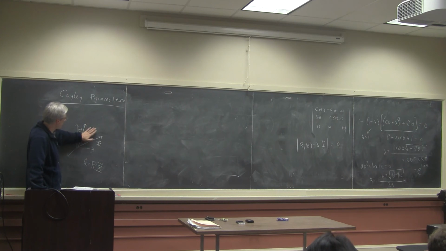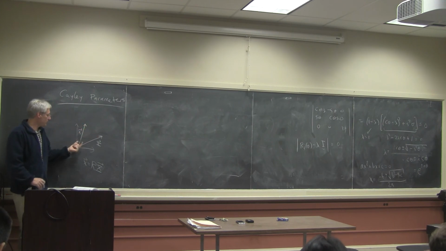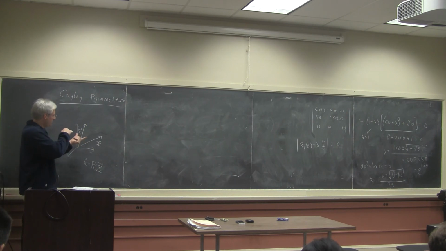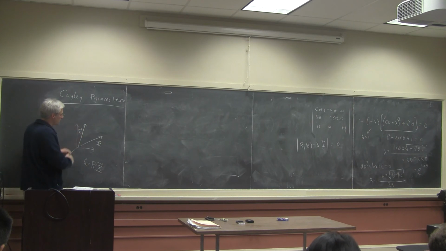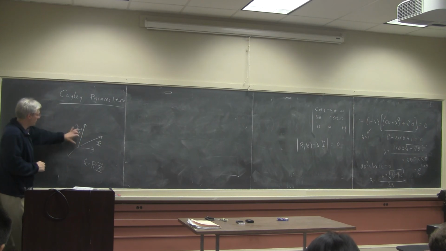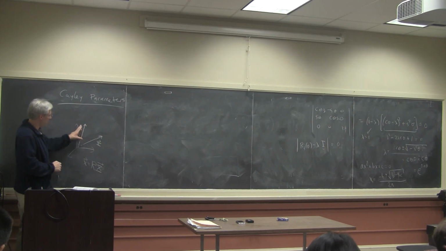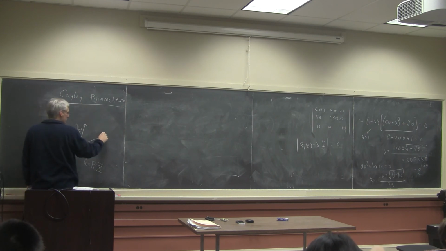So if these two vectors are in a plane, any two vectors define a plane, right? If I look from the normal direction to this plane, I see two vectors that have the same length, because a rotation doesn't change the length of the vectors. And Cayley did a little construction.